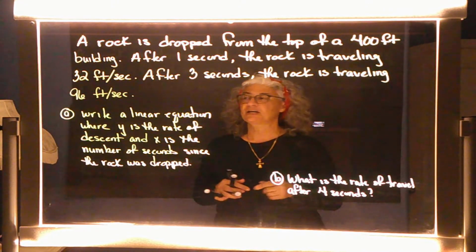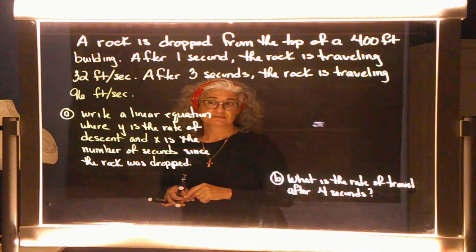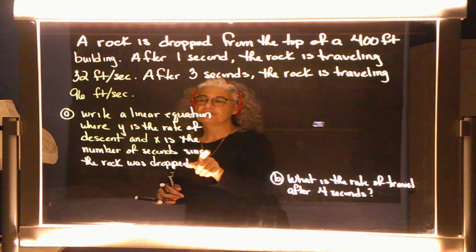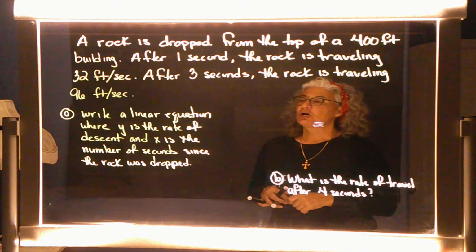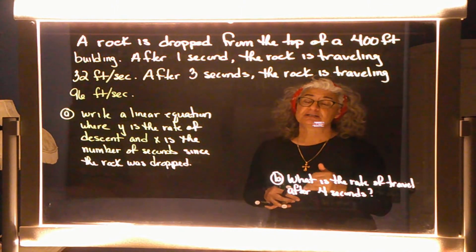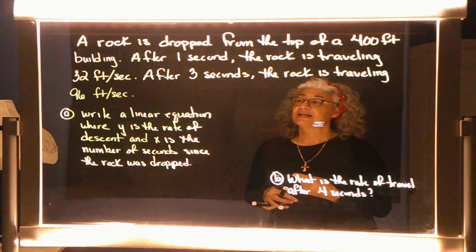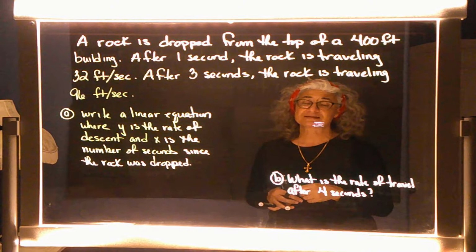Cool? Okay, so part A. Write a linear equation where y is the rate of descent and x is the number of seconds since the rock was dropped. Okay, if they want a linear equation, right, I need a slope and I need either a y-intercept or a point, correct?